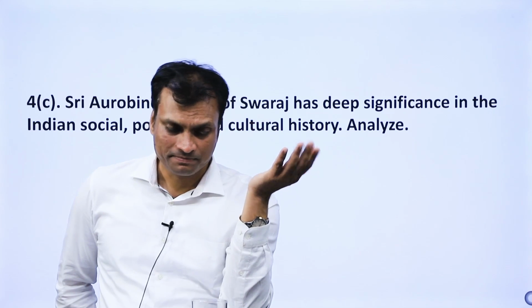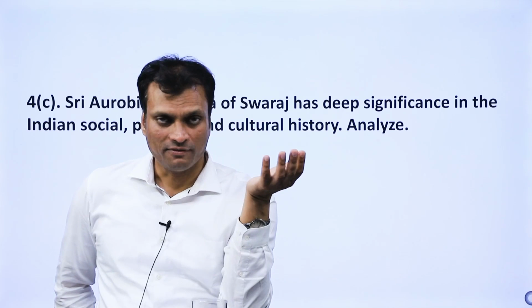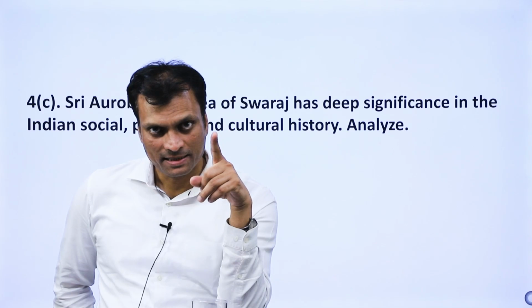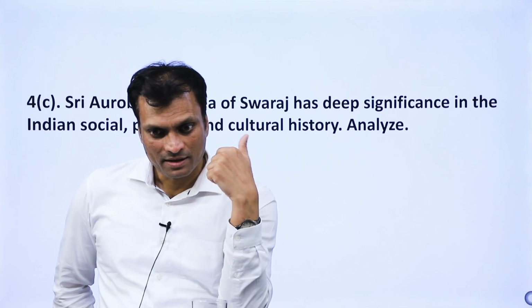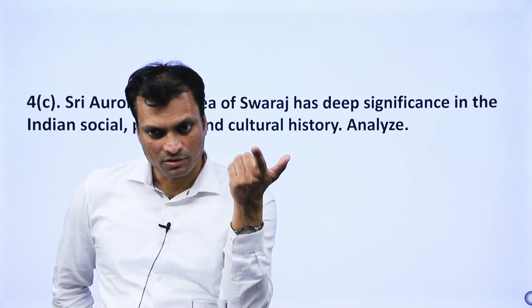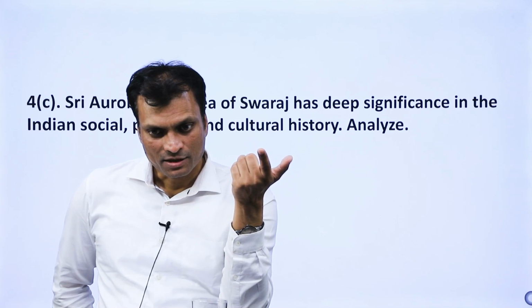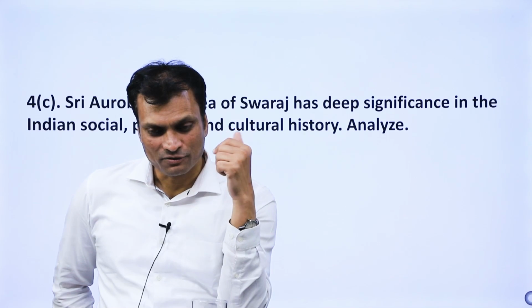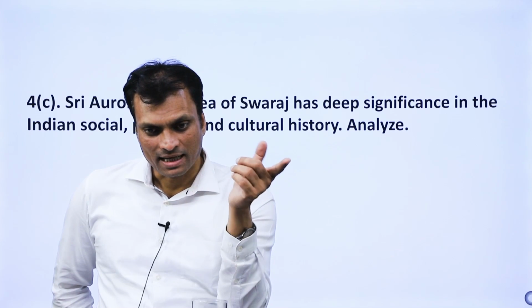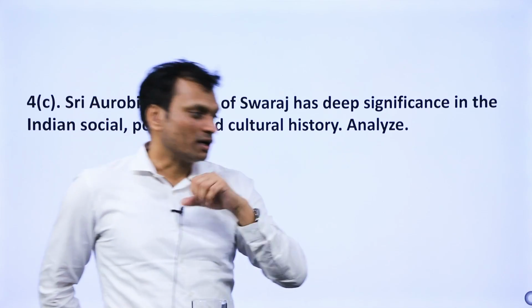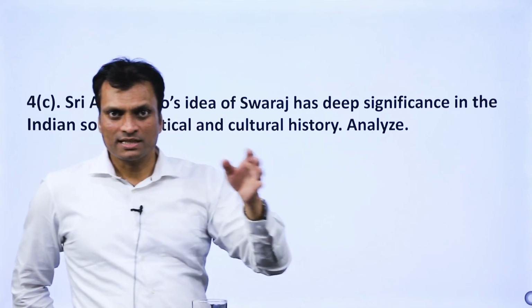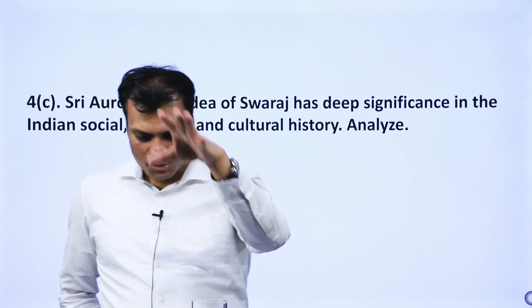Revolutionary terrorism, use of violence, the concept of cultural nationalism, Mother India, and having the motivation of political struggle not only as a feeling of anti-British but as love for the motherland. Who is a patriot? One who fights against the British, but that is a negative way. Aurobindo said Swaraj is a positive way, love for the motherland, and therefore it is totally different.